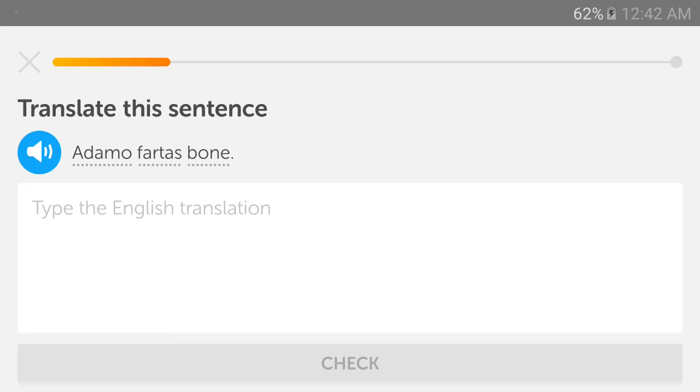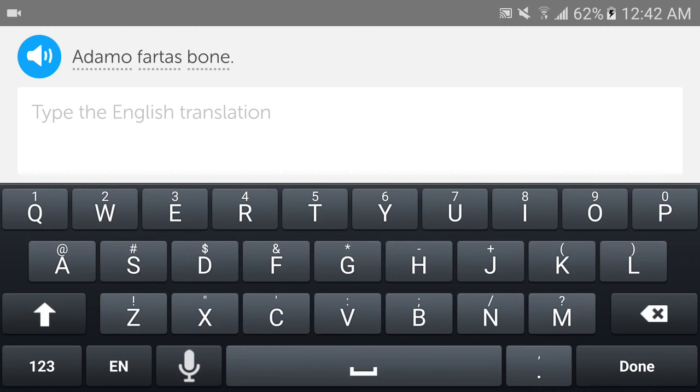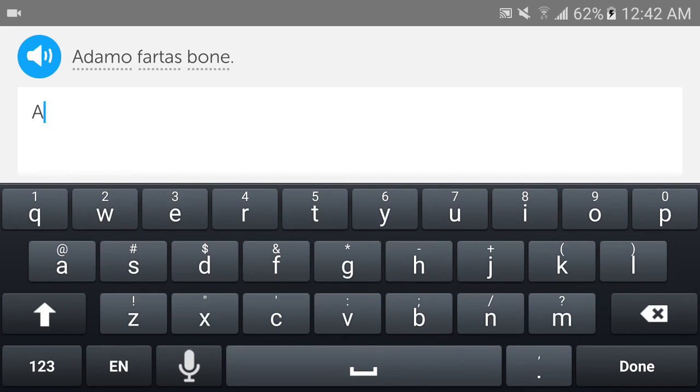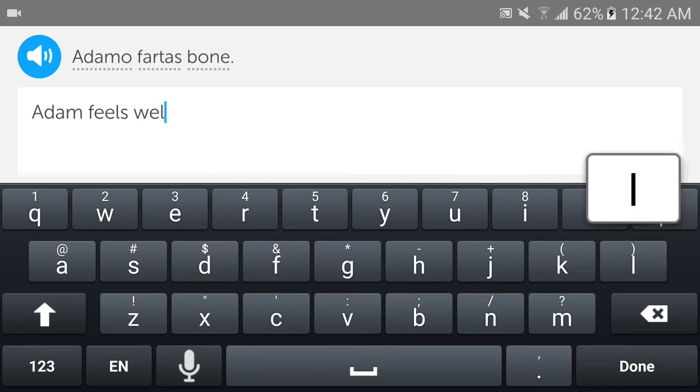And when he happened across farti and fart in English, he decided that fart is not that bad of a word in English. It's not that embarrassing, so he wasn't going to change it. But farti, fartas means feel. So, in this case, bone means well. So, Adam feels well.